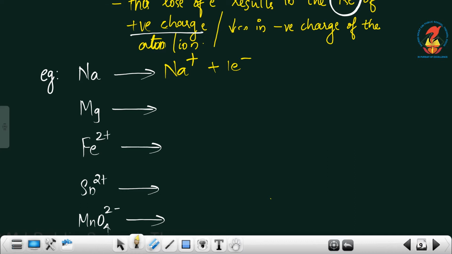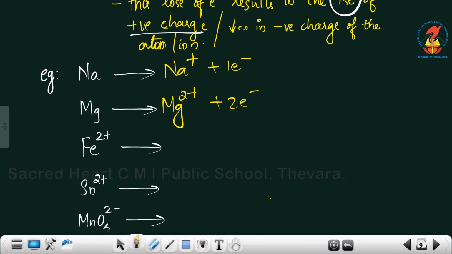Next, magnesium atom or magnesium metal, it is neutral; if it is losing 2 electrons, again we have to write on the right hand side. So, magnesium after losing 2 electrons will become Mg2+. Since it is losing 2 electrons, there will be an increase in 2 positive charge. So, increase in positive charge represents oxidation.